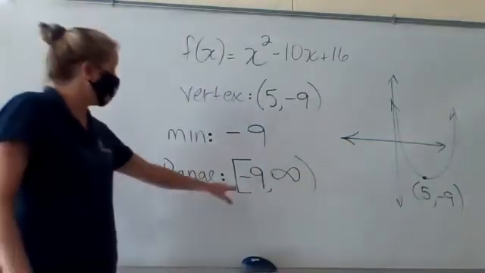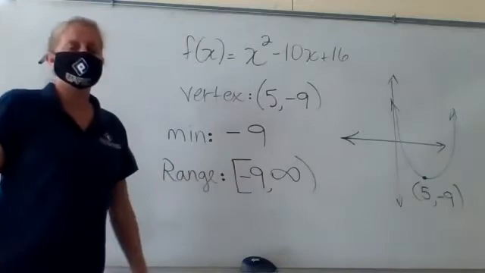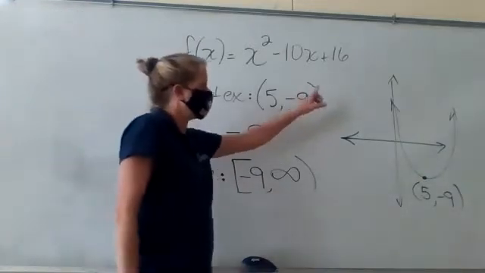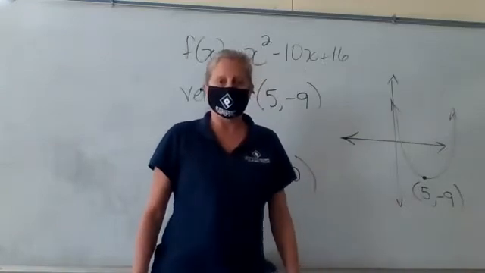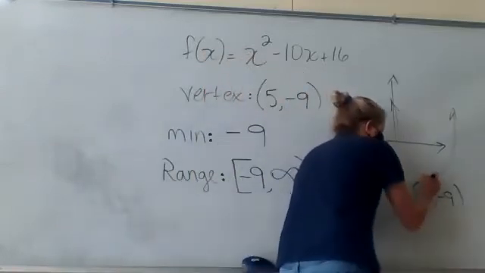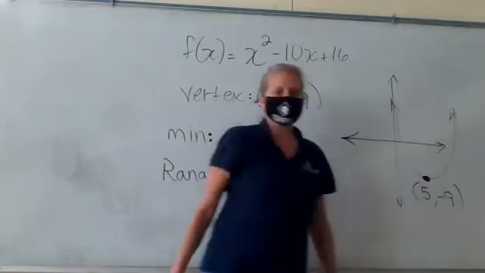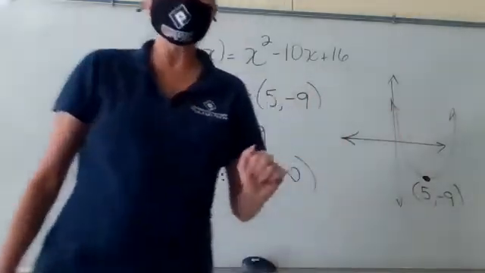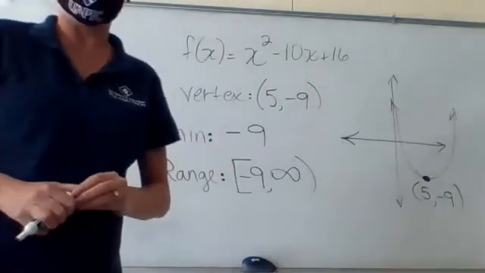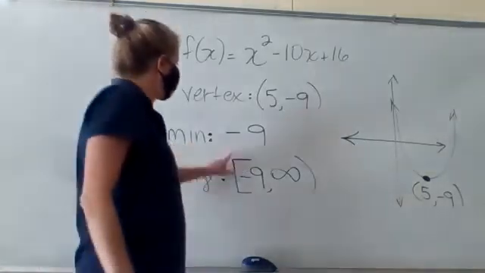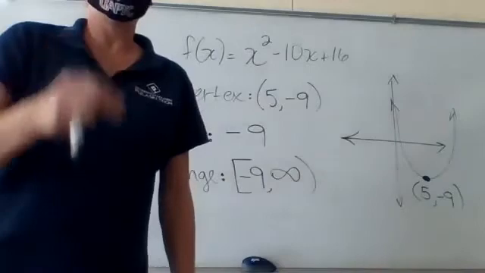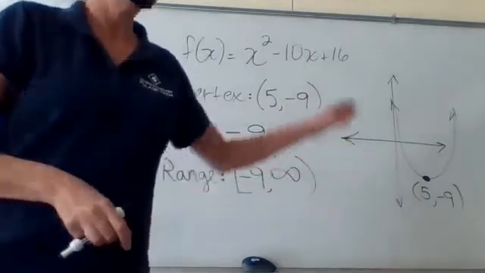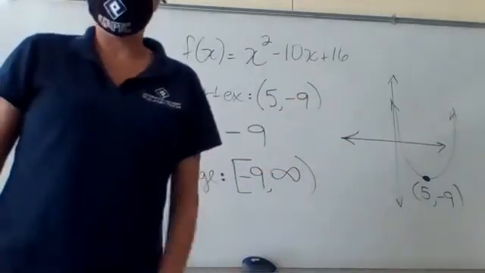But do I want to include -9 in the range, which means on this parabola, is there a y value of -9? Yeah, this y value right here is -9. -9 is part of your y values of that graph. So that's why the -9 has the bracket around it, because I want to say the y being -9 is included on that graph.